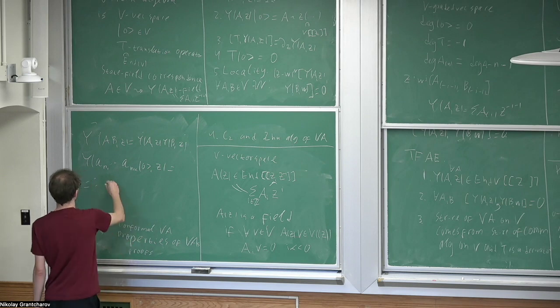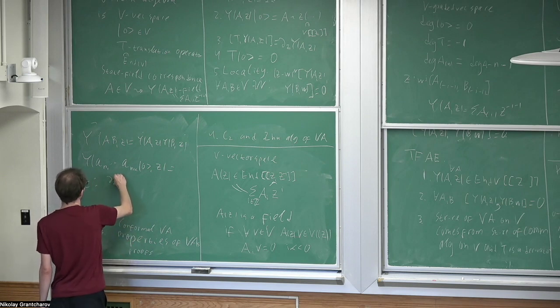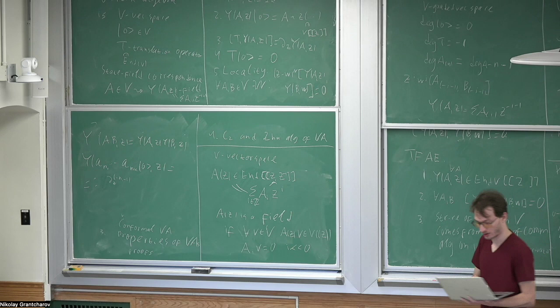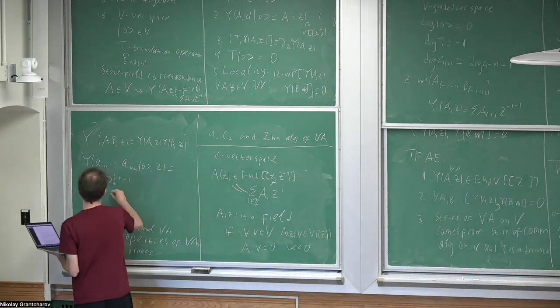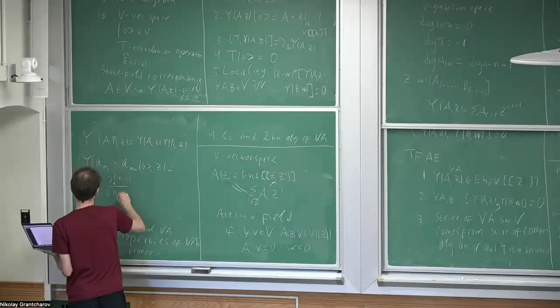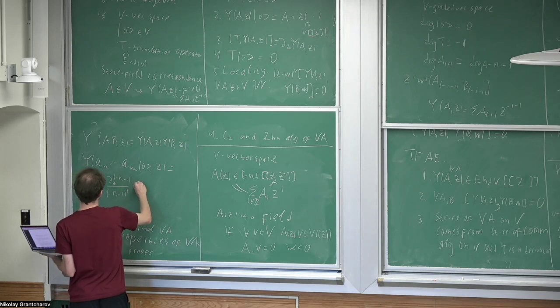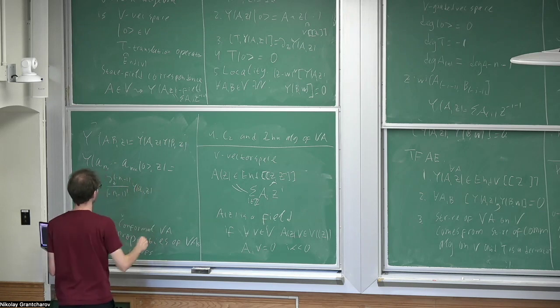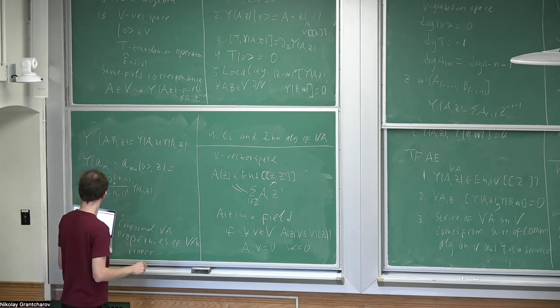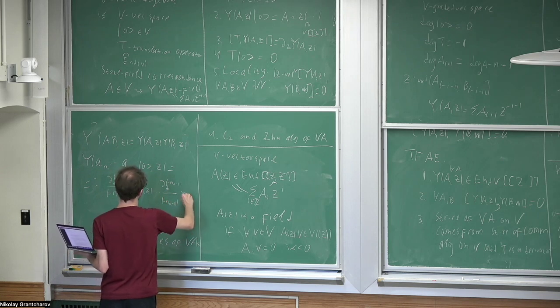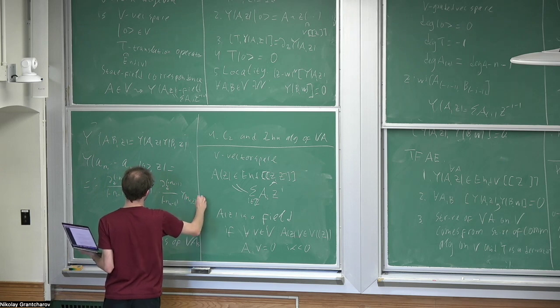And let me also write the derivative, z to the minus n minus 1 over minus n minus 1 factorial, by z.